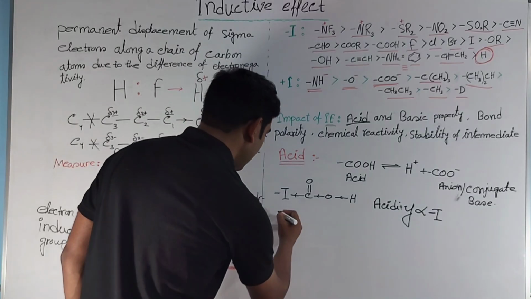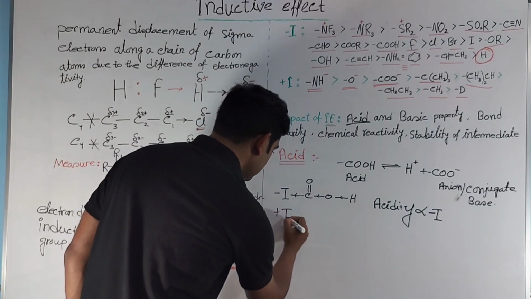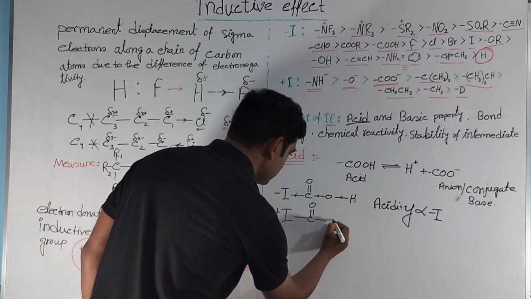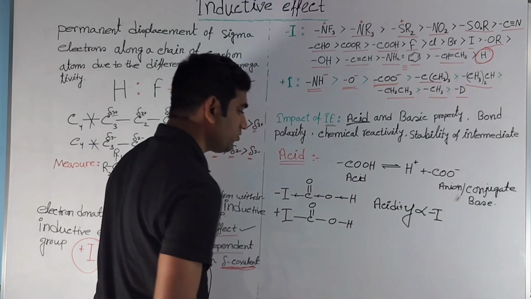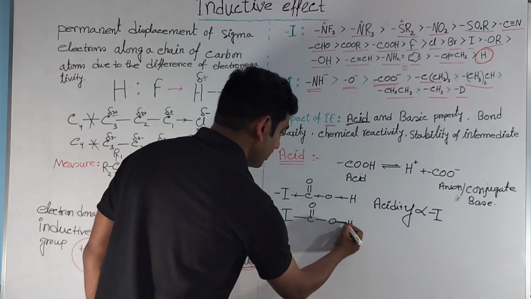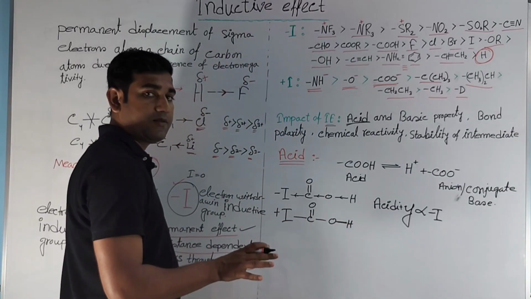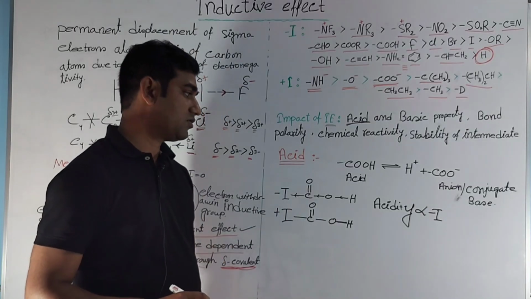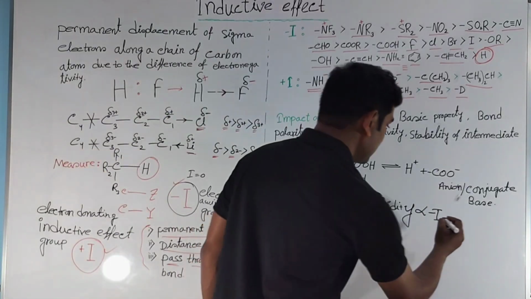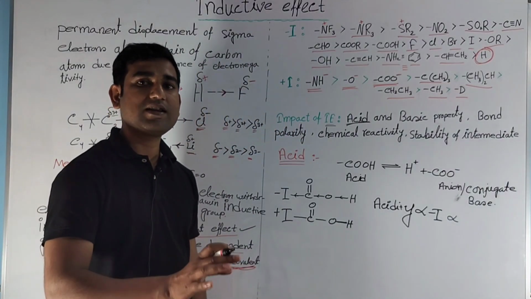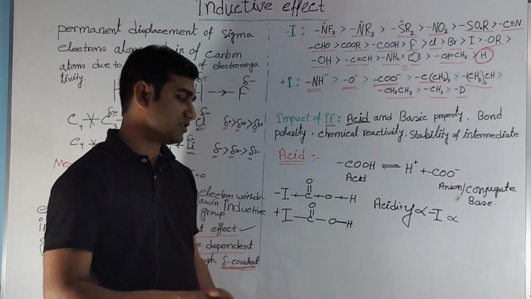If any plus I group is there, what will happen? The OH bond will be stronger compared to the initial stage. So it is inversely proportional. Bond will be stronger means it cannot easily release the proton, means acidity will decrease.